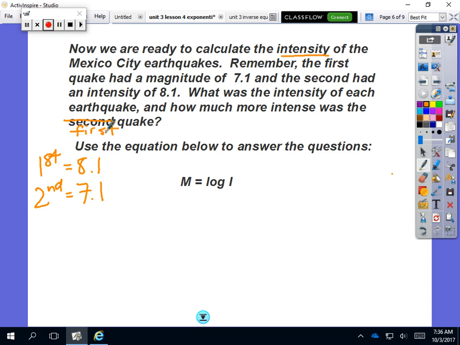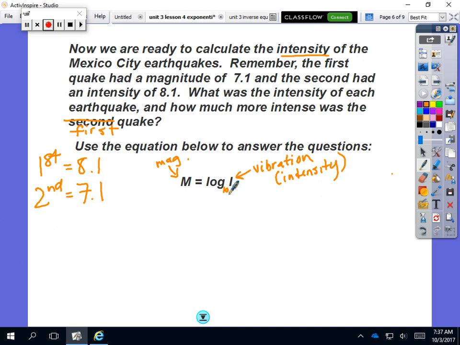Okay, so the equation for magnitude, this is magnitude, that's these numbers, the Richter scale. Intensity is the amount of vibration. How much more intense was the first earthquake? Well, looking at this, I have a logarithm, and it looks like it's base 10.